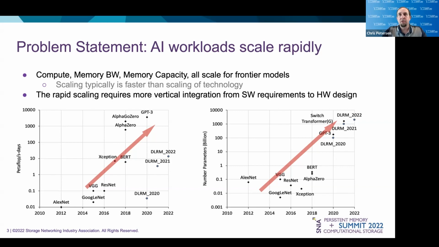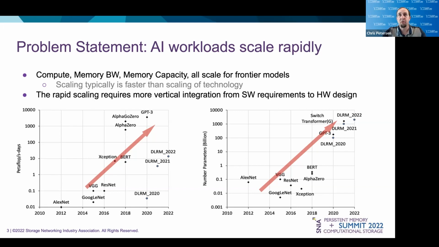On the right, we use the same approach, but in this case, we're tracking the number of parameters per model, which correlates closely with the size of the model and the resulting memory capacity. It is also loosely correlated with memory bandwidth.